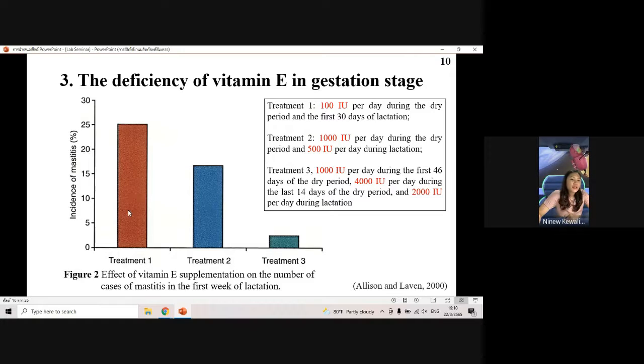The animal that received less vitamin E than the other groups had a higher incidence of mastitis. On the other hand, treatment 3 received the highest vitamin E, and it showed an incidence of mastitis lower than the other groups.